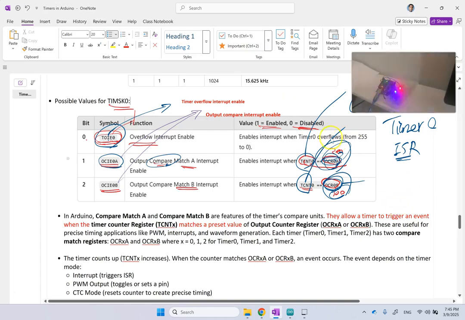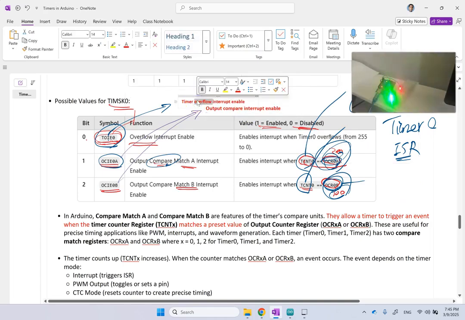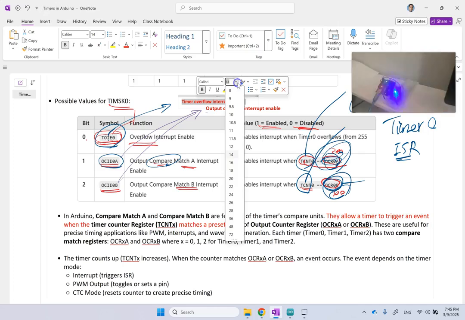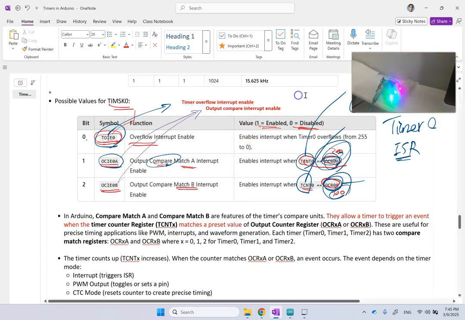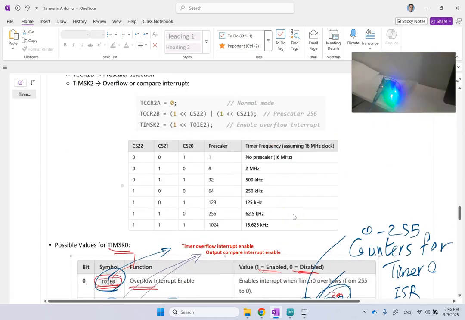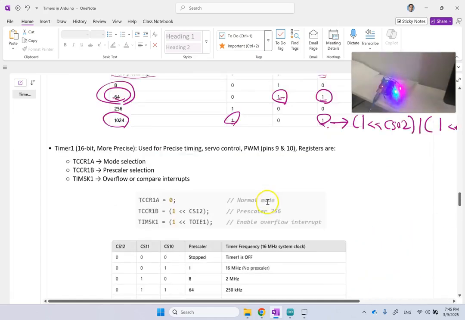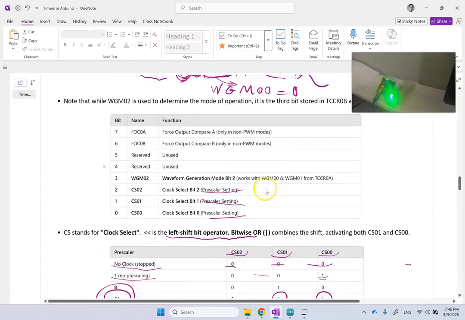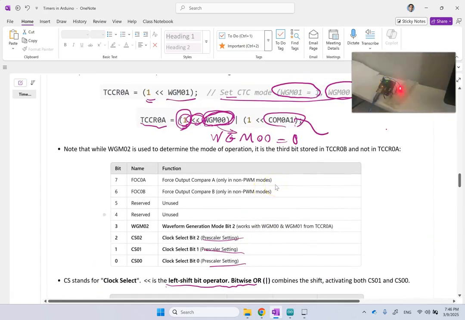Okay, so now hopefully you have a little bit better idea of what each one of these guys mean, and what is their functionality. So if we move on, one other thing I want to talk about before I go to timer 1 and 2 and so on.